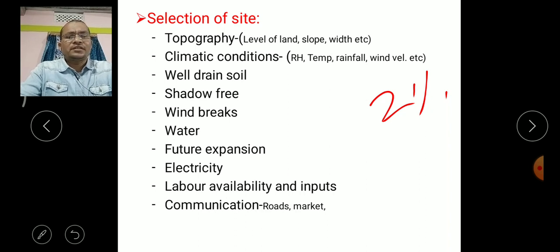And also electricity. In the greenhouse structure, depending on the climatic condition, whether it may be too hot or too cold, or too humid or very low humid, these things can be regulated by mechanical devices. If it is too hot, there will be some device to cool. If it is too cold, there should be some device to heat it up. If it is too humid, there will be ventilation, and some fans.